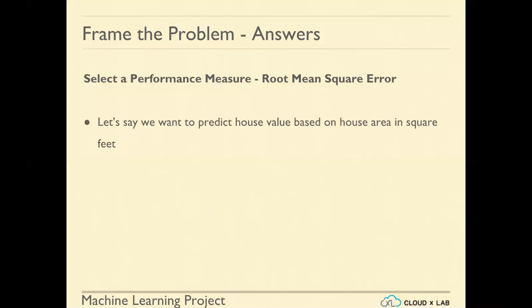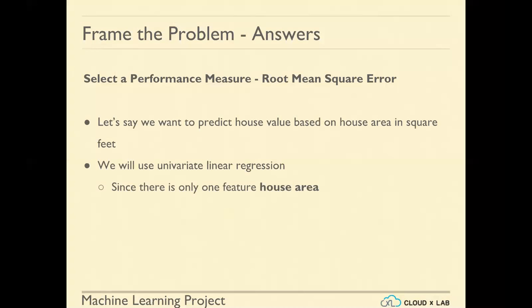Okay, so we want to predict the house value based on house area in square feet. Let's say we use something called univariate linear regression. What does univariate linear regression mean? It means that we are doing linear regression using only one variable.